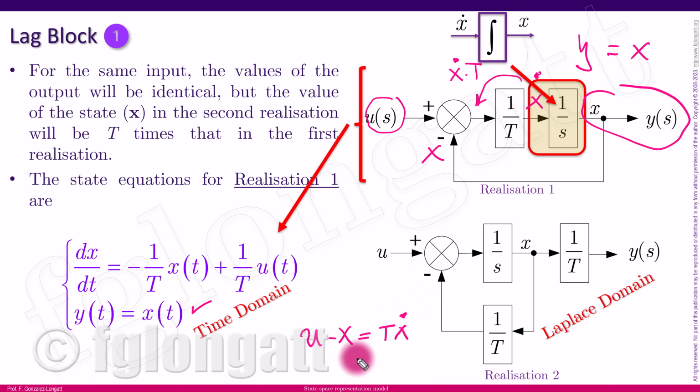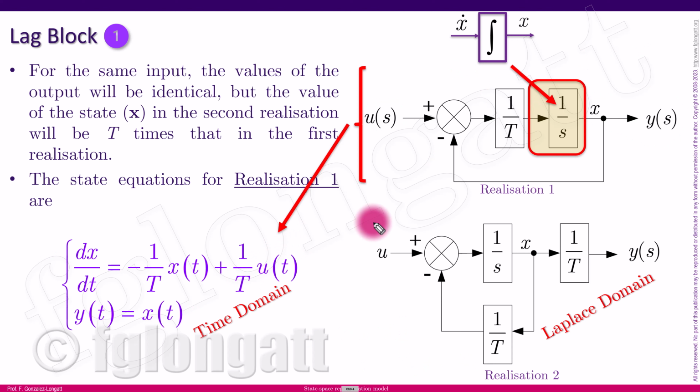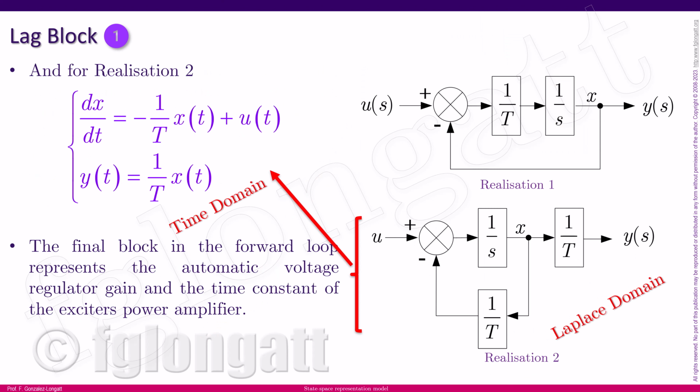And extracting x dot from here, it will be u divided by T minus x divided by T. So you can see that we have now obtained the differential equation. For the future blocks, you can do this by yourself, but here let me go to realization number 2.